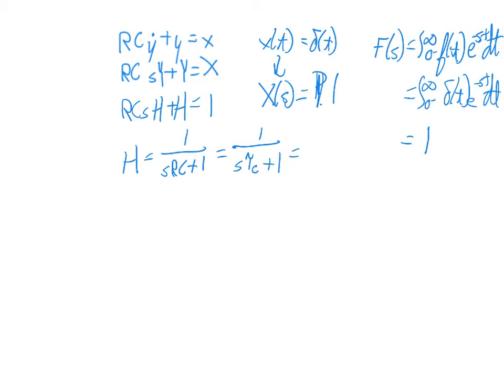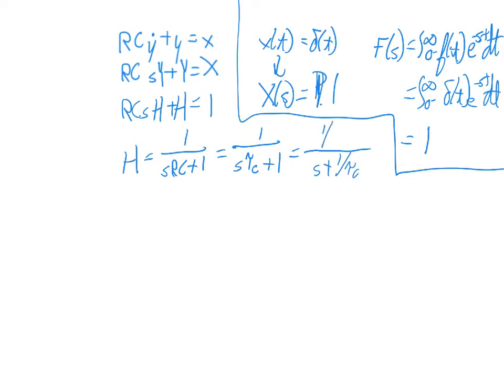And I can rearrange this into a little more familiar form where I am going to factor out a tau c from both the numerator and the denominator. So if I factor out tau c from the denominator, I have s plus 1 over tau c, and in the numerator I have to also factor out 1 over tau c.